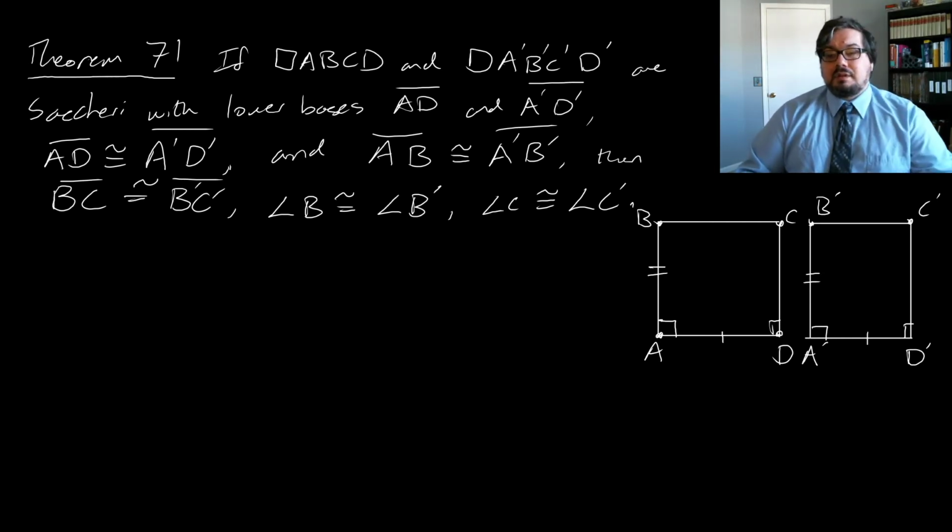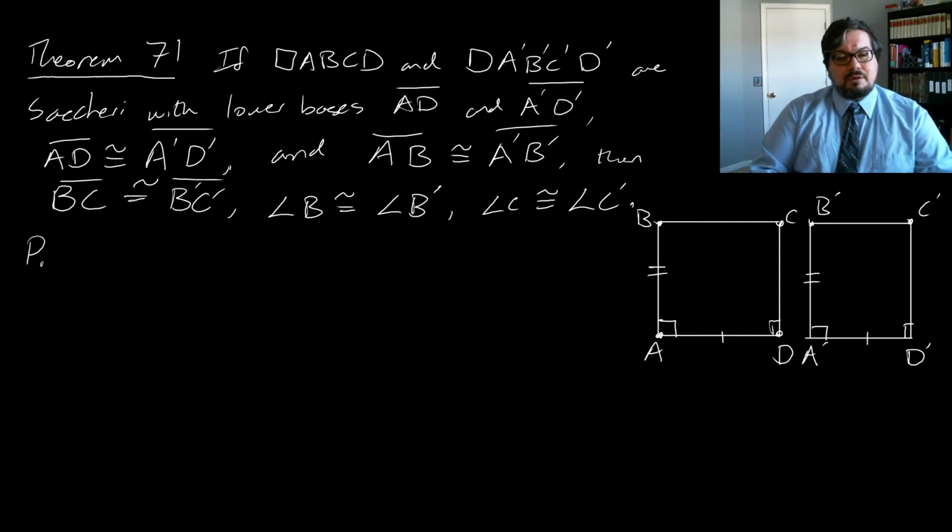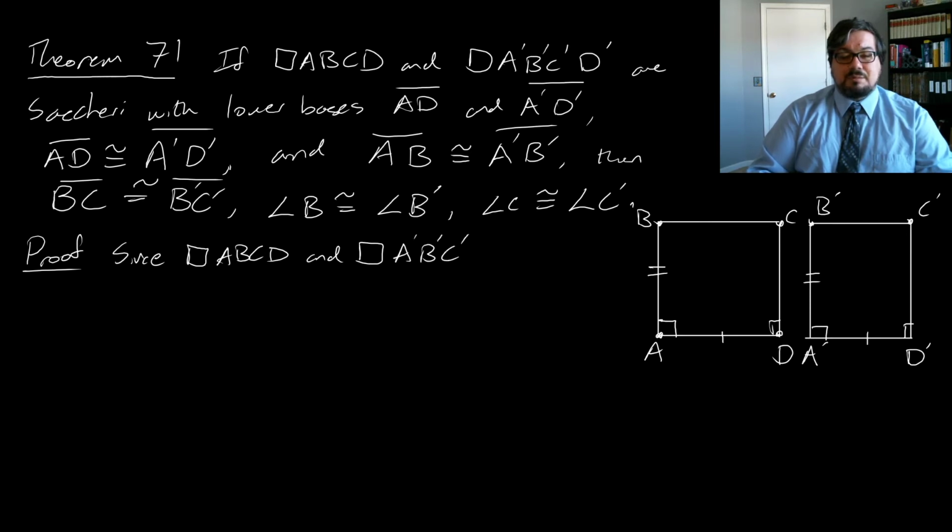Now, of course, some of the results that we have here we get for free. So since quadrilateral ABCD and quadrilateral A prime, B prime, C prime, D prime are Saccheri, we have that the segment CD is congruent to the segment AB.